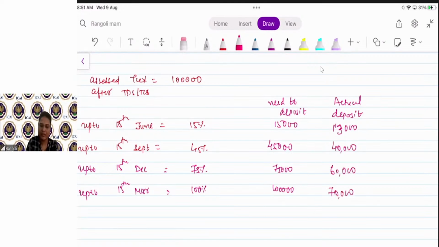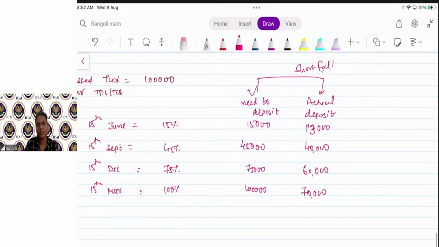Okay. So there is shortfall of deposit of advance tax. Yes or no? I have to pay 15,000, I paid only 13,000 to the government. Instead of 45,000 total, I paid 40,000 to the government.